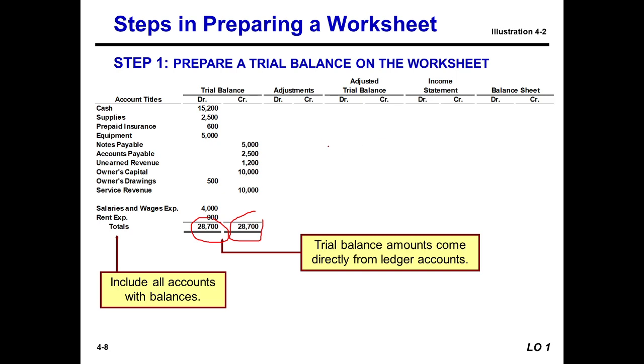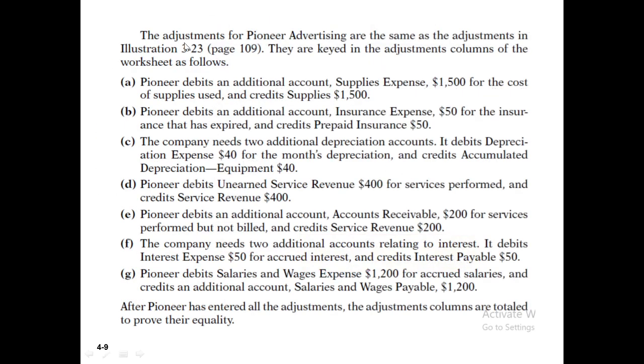Okay. And number two, adjustments. The adjustments for Pioneer Advertising are the same as the adjustments in Illustration 3-23 on page 109. They are in the adjustment columns of the worksheet as follows. These are adjustments 1, 2, 3, 4, 5, 6, 7. Pioneer debits additional accounts.